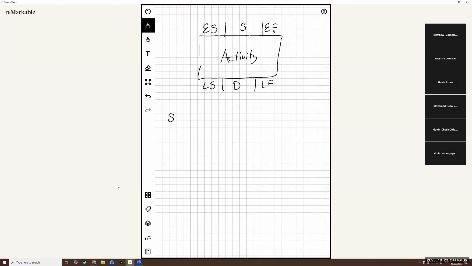So slack is just either the difference between the starts or the difference between the finishes. It's the amount you can delay the project by. Does that make sense? Yeah. So basically just take one of these numbers on the bottom, except for the duration, and subtract one of the associated numbers on the top.